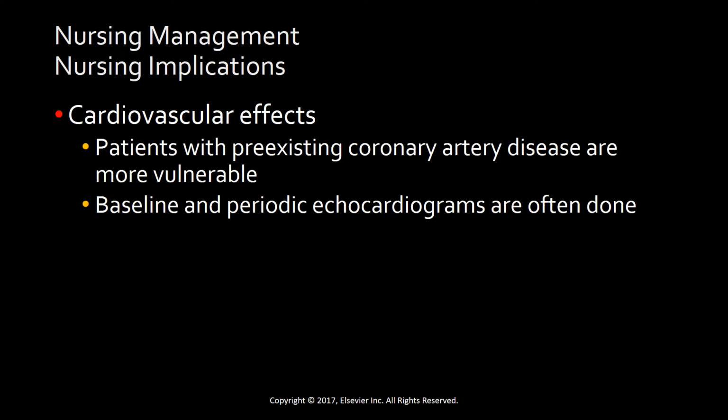Patients with pre-existing coronary artery disease are especially at high risk. It is imperative that we get a baseline and periodic echocardiograms just to make sure that there is a way of tracking any changes to the cardiovascular system.